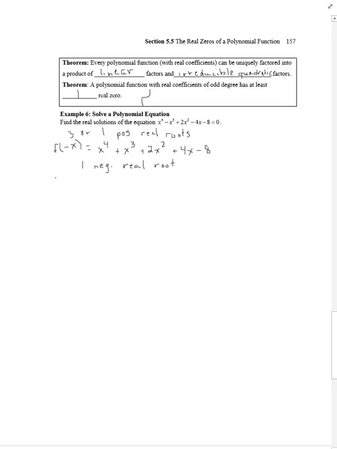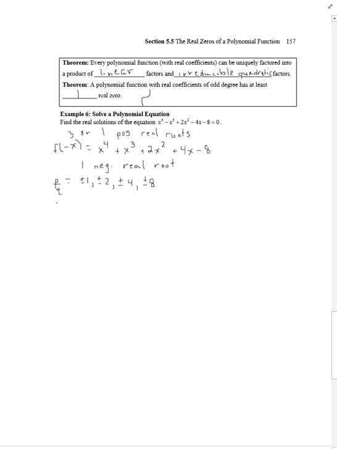So let's find our p's and q's. So the p's are factors of 8, so we got plus minus 1, plus minus 2, plus minus 4, and plus minus 8. And since our q's are just factors of plus minus 1, we're done.